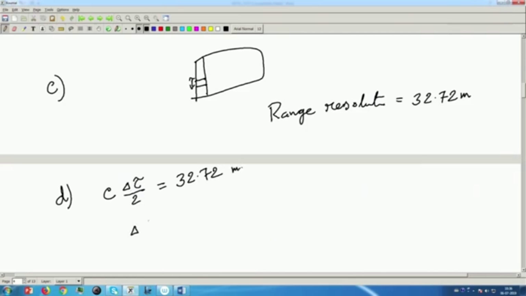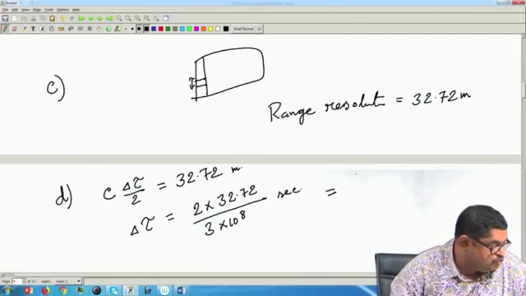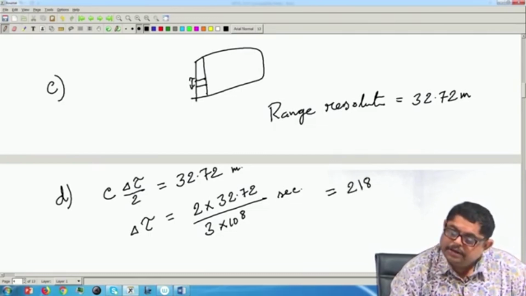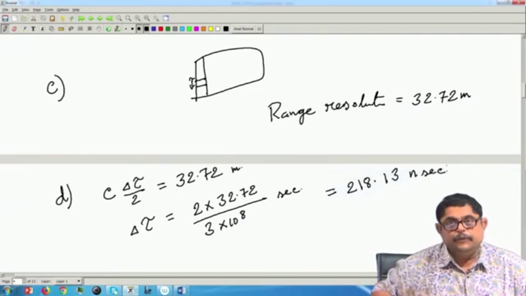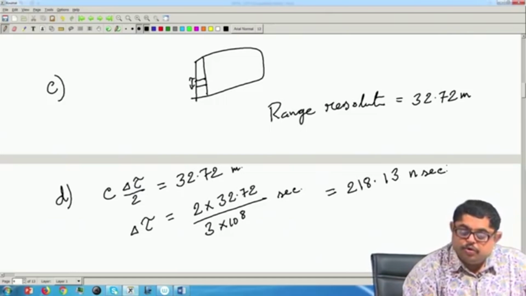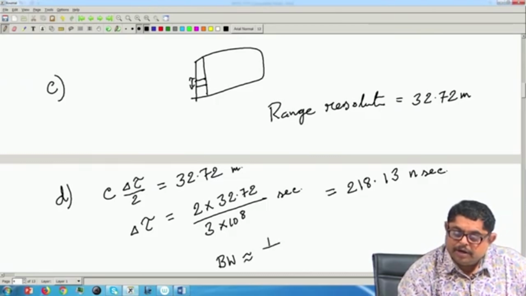So, from that I can calculate delta tau. Delta tau will be 2 into 32.72 by C, so 3 into 10 to the power 8, in seconds. That will be 218.13 nanosecond. Well, so I can say roughly bandwidth is 1 by delta tau.